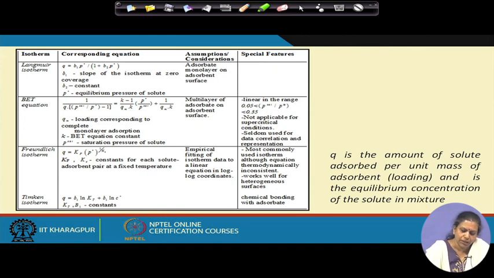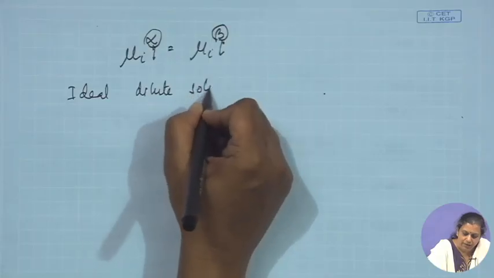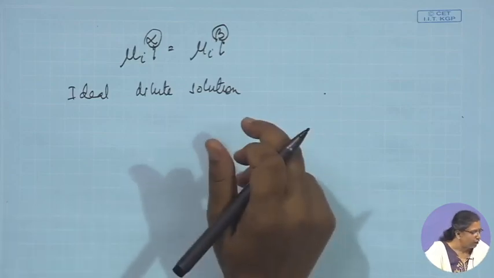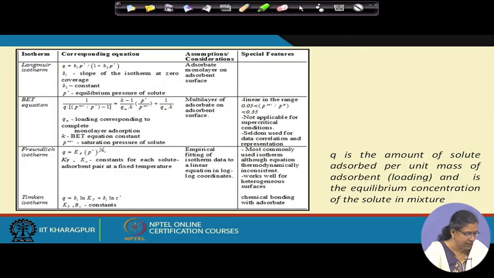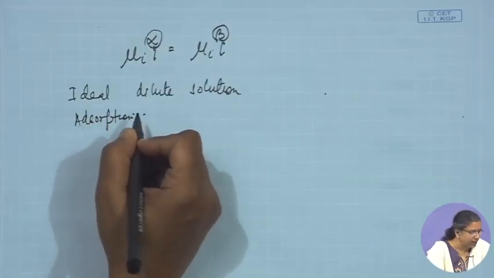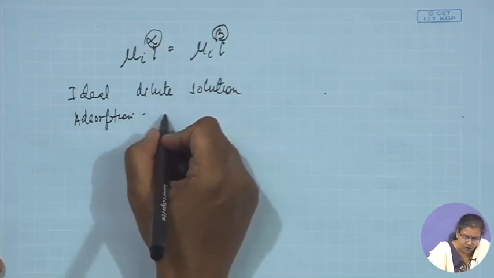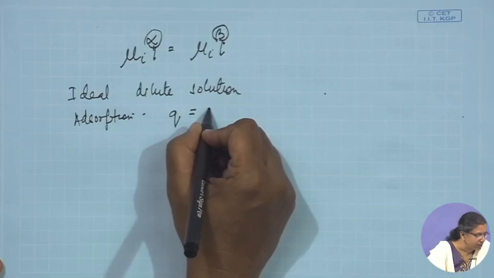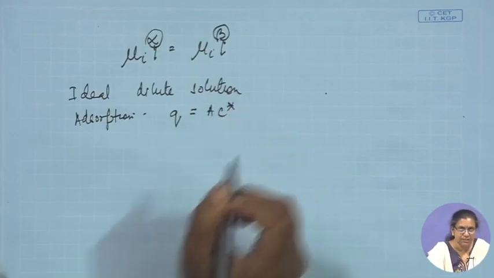For absorption, as I have mentioned, the ideal dilute solution, or in other words Henry's law, is the governing equation. For adsorption, the simplest basic equation is of the Henry's law type, where the equation is given as q = A C*.